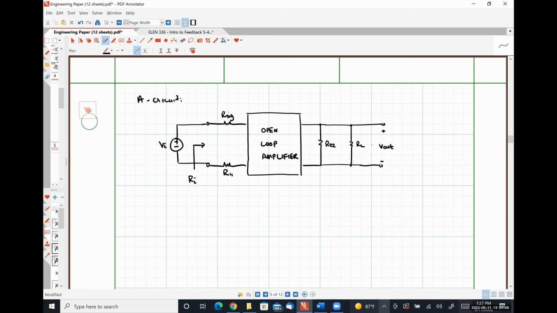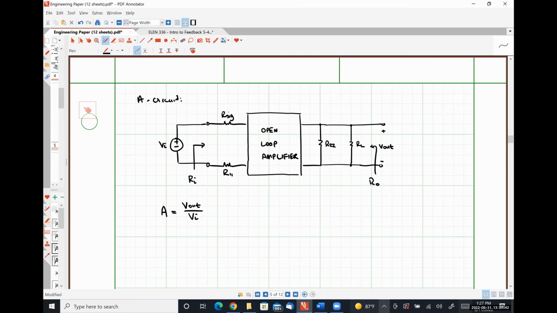And looking in through this set of terminals is our output resistance of our open loop amplifier, including our loading effects. Our open loop gain, A, is simply our output voltage divided by our input voltage.